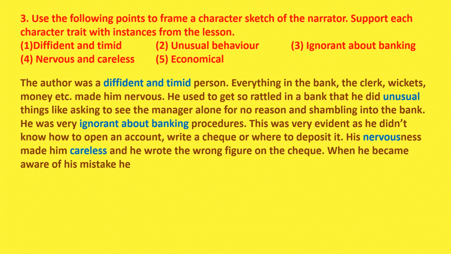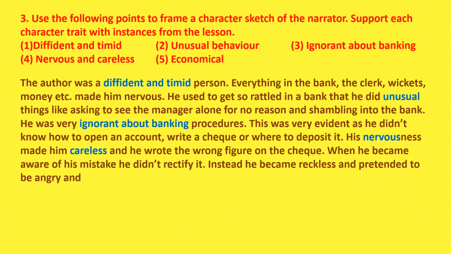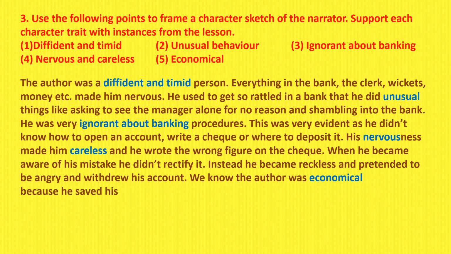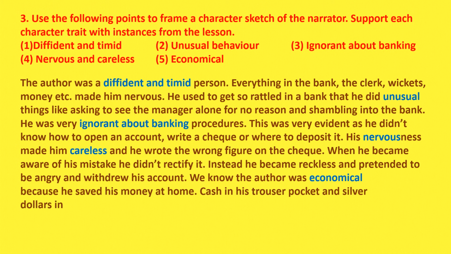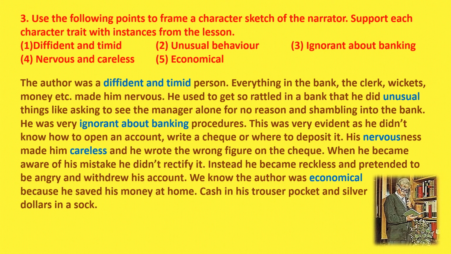When he became aware of his mistake, he didn't rectify it. Instead, he became reckless and pretended to be angry and withdrew his account. We know the author was economical because he saved his money at home, cash in his trouser pocket and silver dollars in a sock. So using all different points that they have given you in the question, you can write the character sketch with examples from the text.